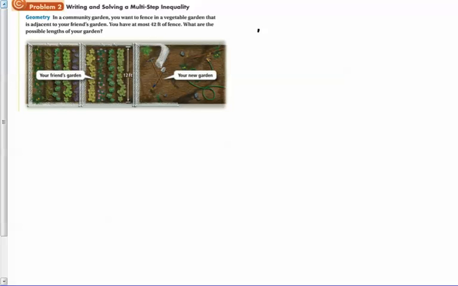And the perimeter is 2L plus 2W. I hope you remember that from a previous math course. Now you have to ask yourself, on this side we're going to share this part right here. We're sharing that 12 feet.